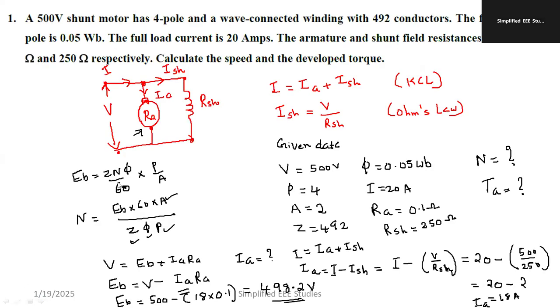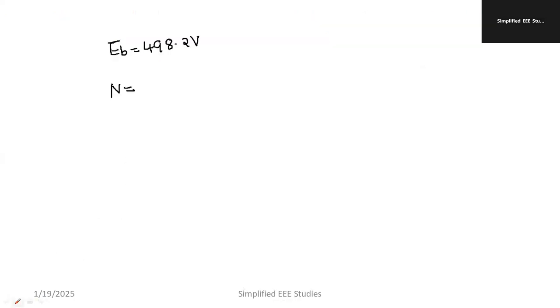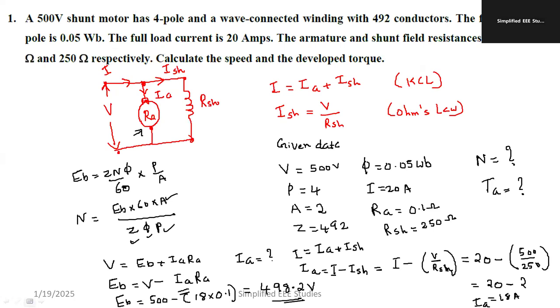Next I am going to use the formula we already verified: N is equal to EB into 60 into A upon Z into phi into P. Please substitute accordingly.